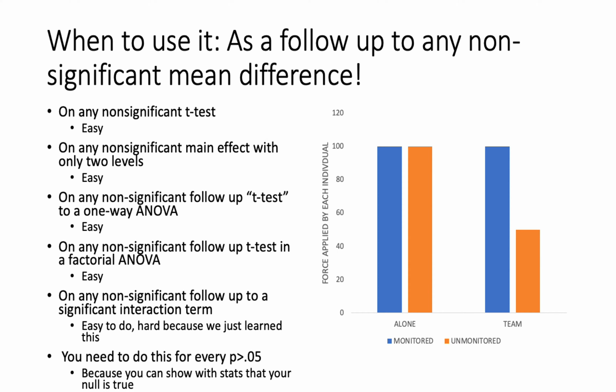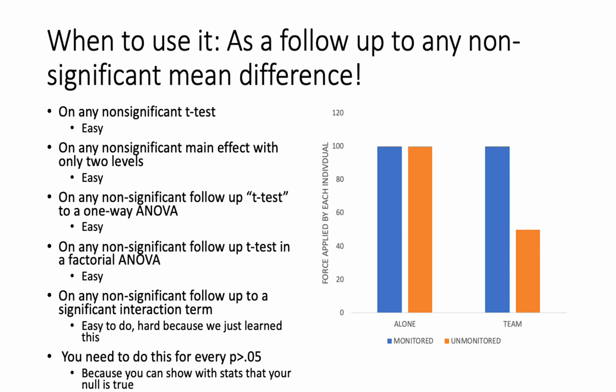Now, if you're in a factorial ANOVA, and you have a non-significant follow-up test, you can run the TOST on that as well, okay? So if your main effect has more than 2 levels, it has 3, 4, or 5, you can run a TOST on any of those mean comparisons that ended up being non-significant, right? The TOST is a follow-up to a non-significant 2-group comparison.